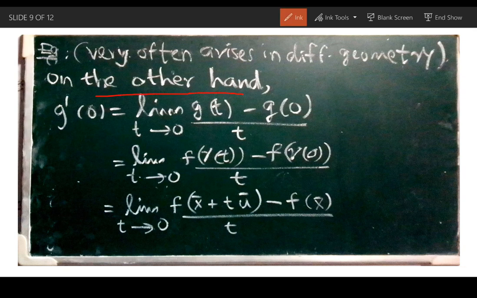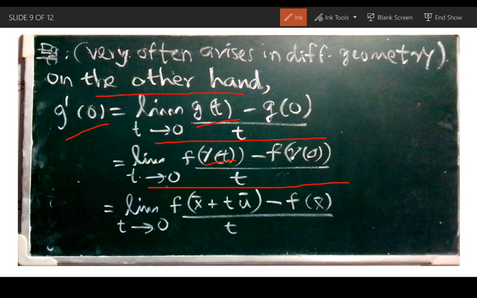On the other hand, let us compute g dash of 0. Remember, g is a real function defined on R. So g dash of 0 is, by definition, limit t tends to 0, g of t minus g of 0 divided by t. Substitute for g. What is g? F of gamma of t. So limit t tends to 0, f of gamma of t minus f of gamma of 0 divided by t. Now substitute for gamma of t.